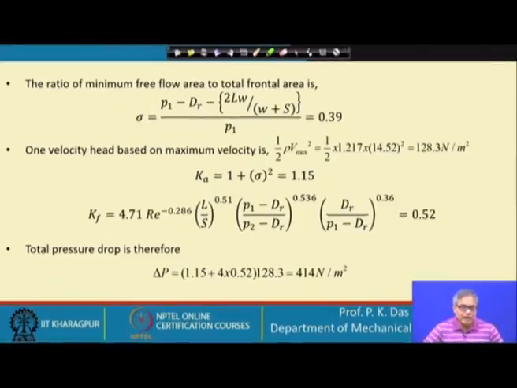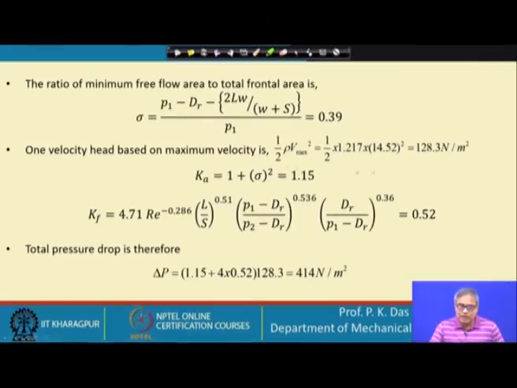Well, now we have to calculate the pressure drop. The ratio of minimum free flow area to total frontal area, that is sigma. At the beginning of the lecture I have described it, so that is 0.3139. The half rho V max square that is needed for pressure calculation, V max we have calculated.